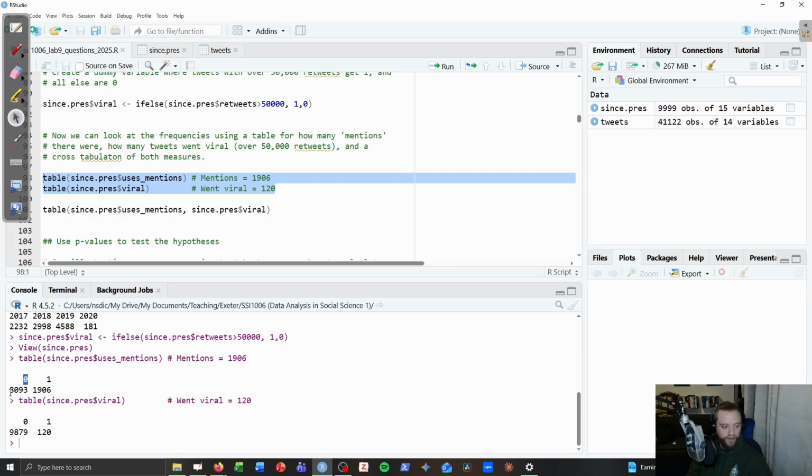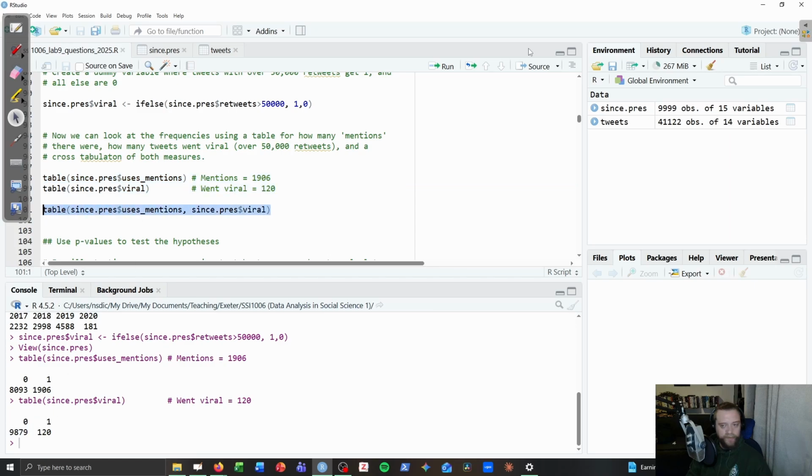So 0 is not using mentions, and we've got just over 8,000 of those. And 1 is tweets that do use mentions, and we've got 1,900 of those. Likewise, in this viral category, we've only got 120 tweets that are viral and 9,800 that are not viral.